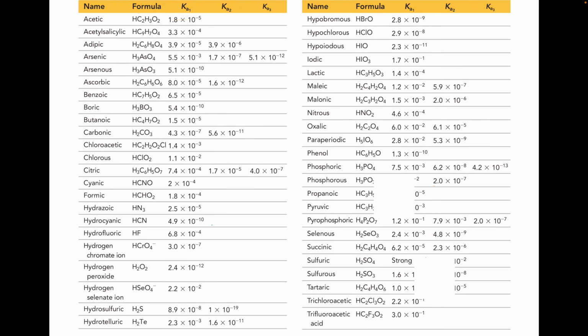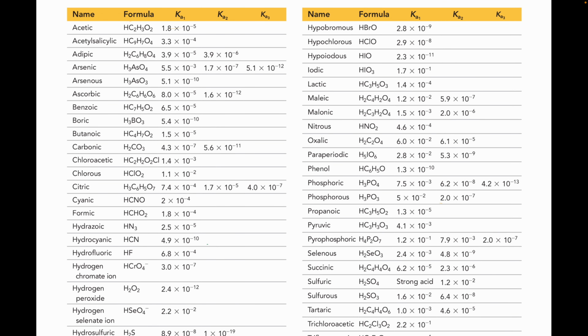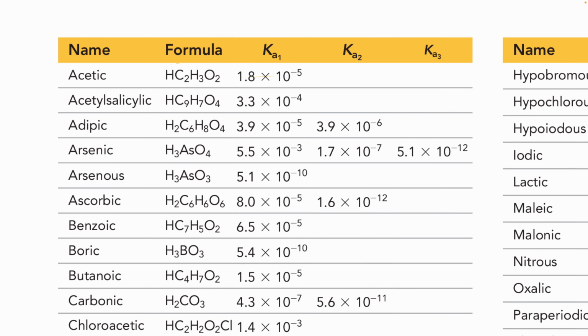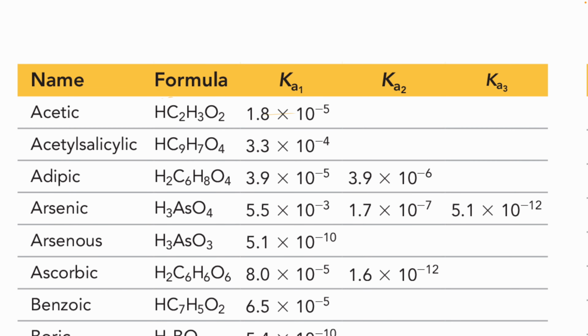It's in alphabetical order, so as long as we know what our acid is, we can go and look up our Ka value. Again, we were studying acetic acid, so we want to note that the value of Ka is 1.8 times 10 to the negative 5. And I'm nice and I give you the names of these acids as well as the formulas, so they're a lot easier to hunt down on this table here, because again, it's in alphabetical order.